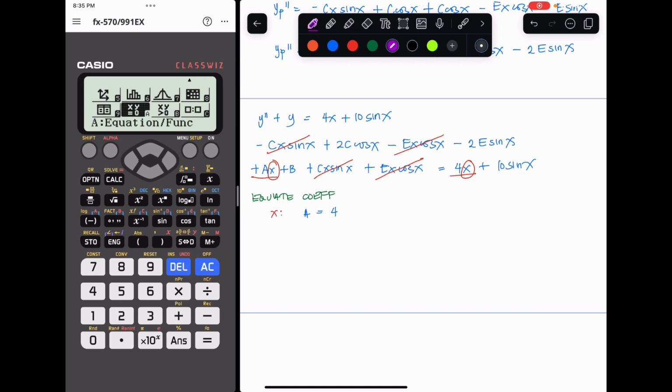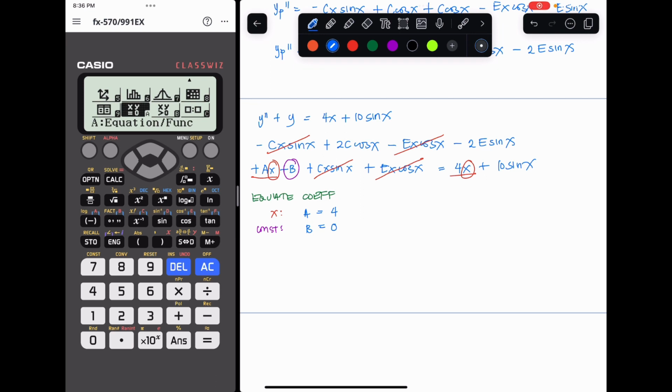And then those terms involving the constant, which is just b. The right hand side doesn't have a constant, so b is equals to 0.